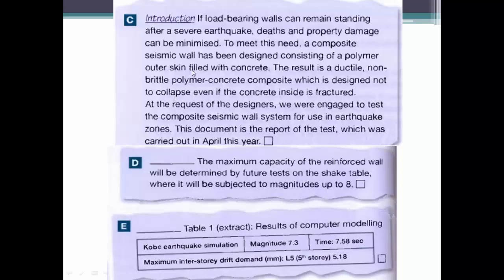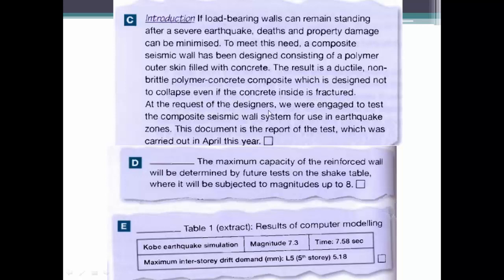Next one, introduction given. If load-bearing walls can remain standing after severe earthquakes, deaths and property damage can be minimized. To meet this need, a composite seismic wall has been designed, consisting of a polymer outer skin filled with concrete. The result is a ductile, non-brittle polymer concrete composite, which is designed not to collapse even if the concrete inside is fractured.